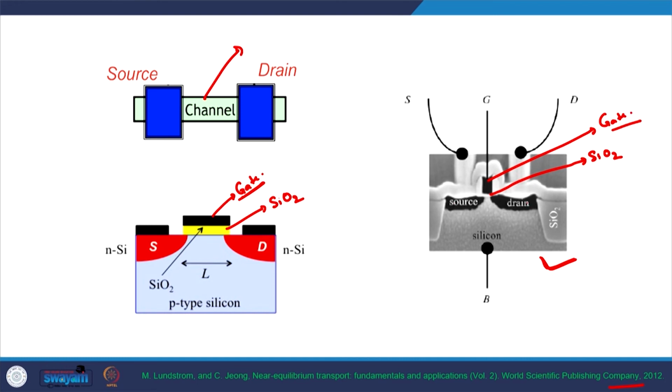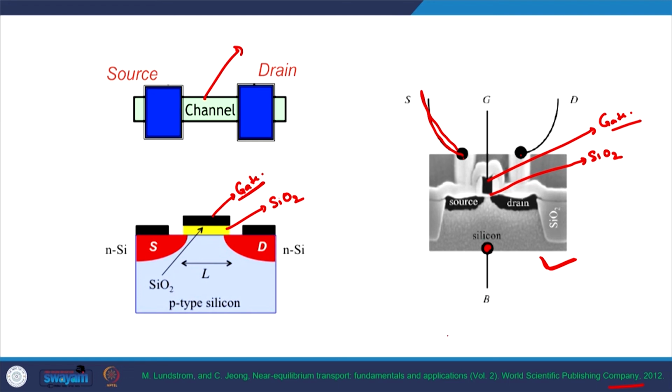These source and drain terminals are connected to the external circuitry via the source contact and the drain contact, as seen in this picture, and the rest of the body of this device is known as the B terminal, and generally we have a terminal point on the B terminal as well.